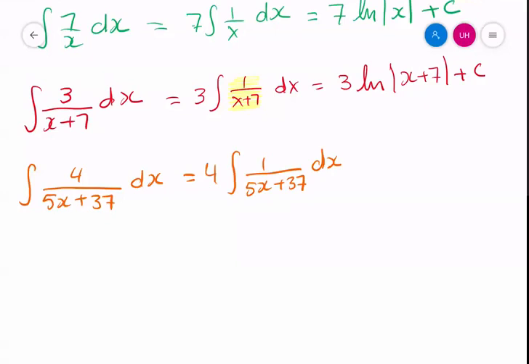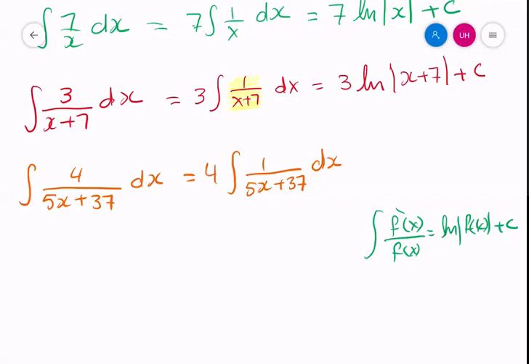5x plus 37. But because we need the coefficient of x, or the derivative, you remember we have the rule that the integral of f dash x over f of x equals ln f of x plus c. So if we have the derivative of the denominator at the top, in the numerator, then we immediately can say this is ln 5x plus 37.